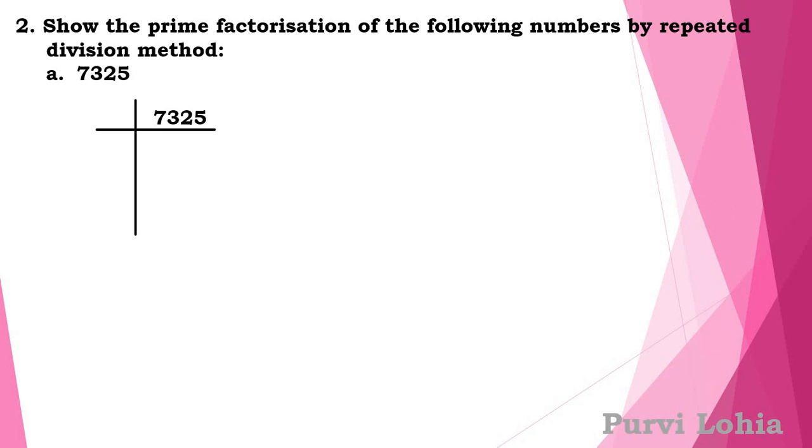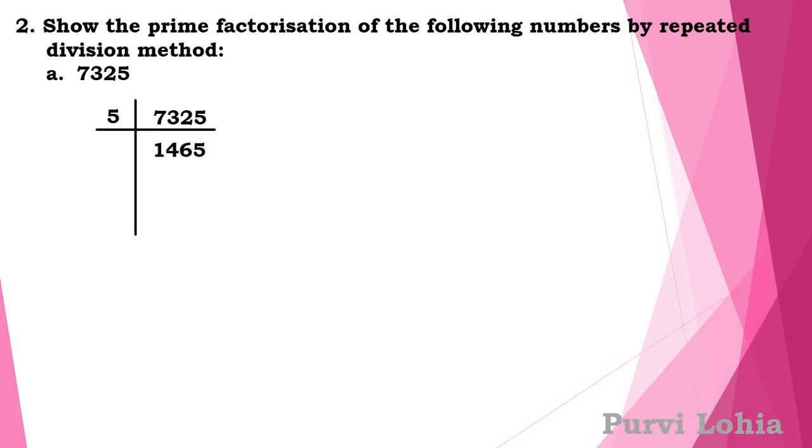So it is an odd number, so it will not be divisible by 2. Is it divisible by 3? No, it is not, because the sum of the digits is 17 and 17 is not divisible by 3. So it is divisible by 5.